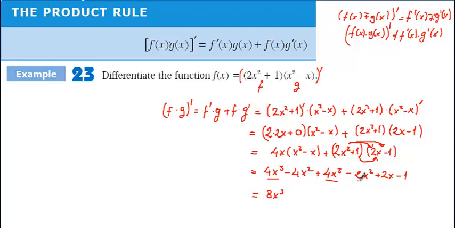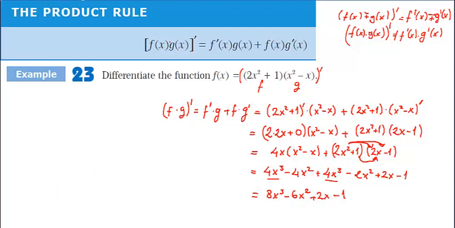Minus 4x squared minus 2x squared is minus 6x squared. Here we have plus 2x, and minus 1 only. This is the derivative of the product.